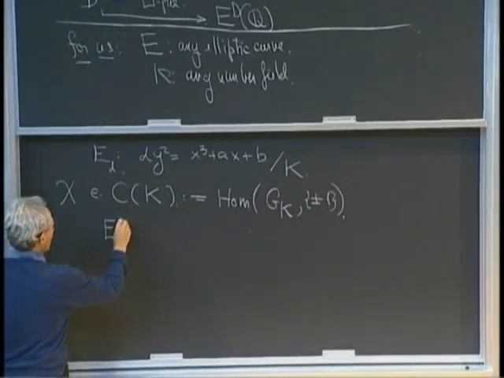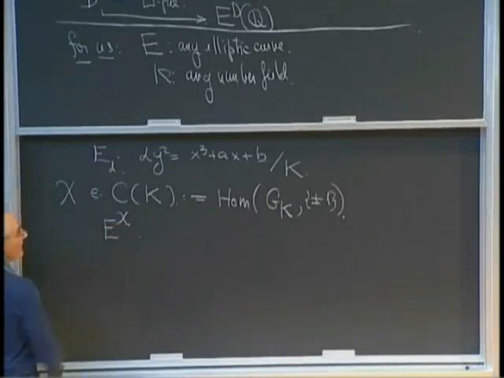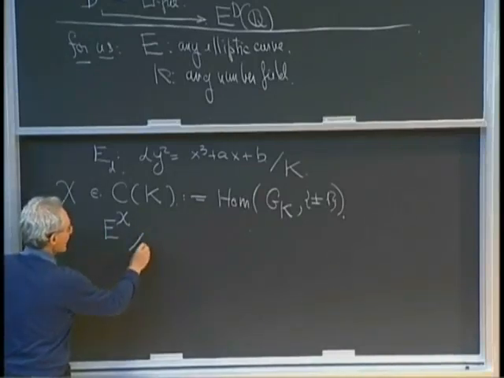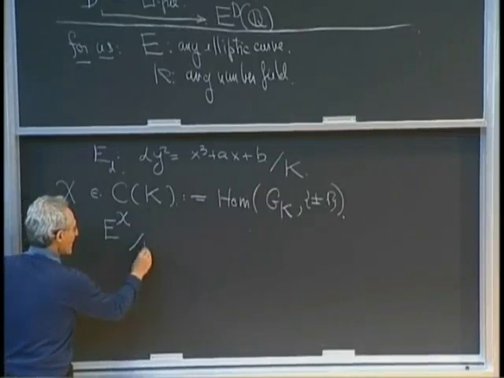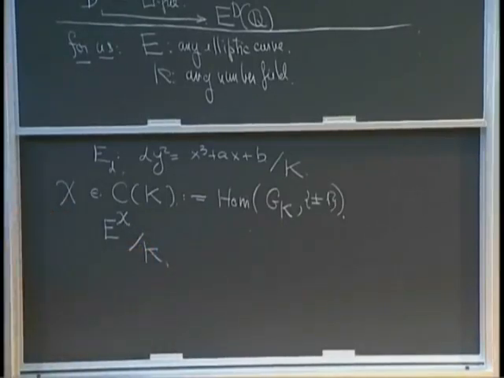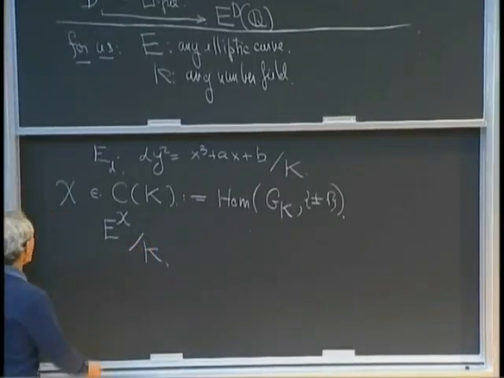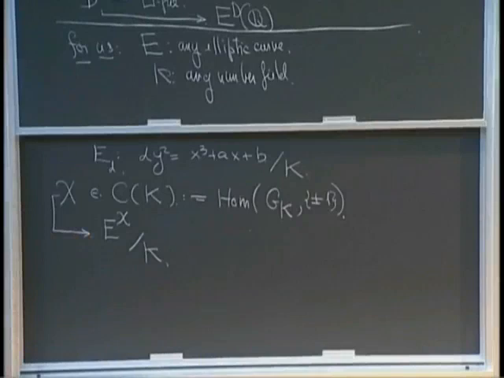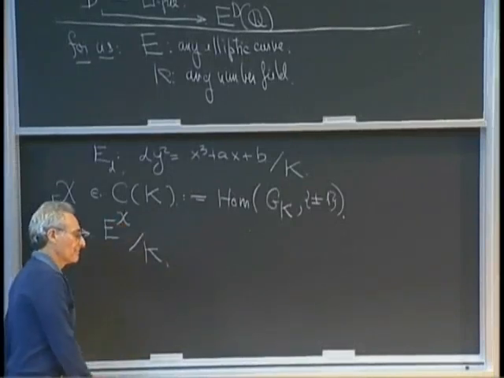And there's a natural way of twisting my elliptic curve by this character chi over K. And in this way, we have a nice little family, a quadratic twist family, as a function of chi. So it's a function of the elements in this group.